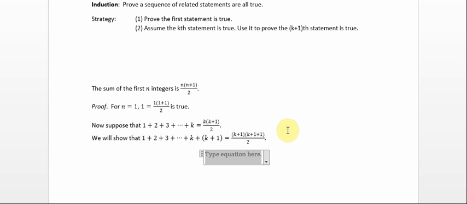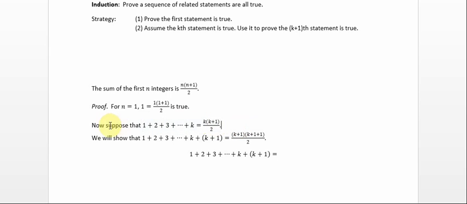I'll just do this directly, and I'll start with this, and I'll try to turn it into the formula. Right off the bat, I know that I have to use my little hypothesis here. This is called the induction hypothesis.